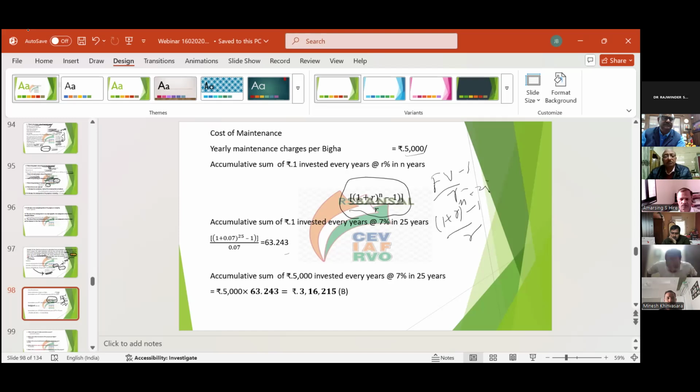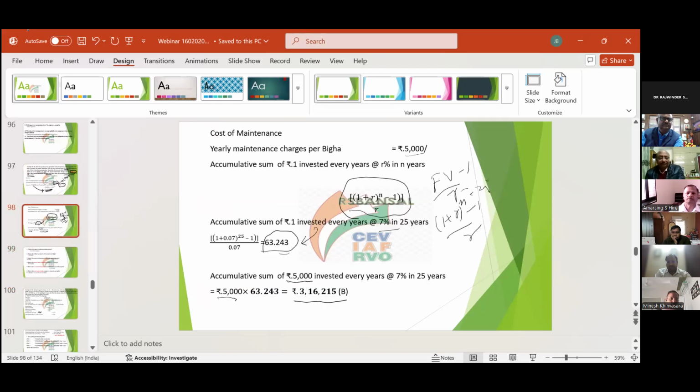If you have been investing rupee 1 every year at 7%, you will get 63.243 after 25 years. But you have been investing 5,000. So this 5,000 investment will become 3,16,215 after 25 years. So what will be the total investment? You can calculate.